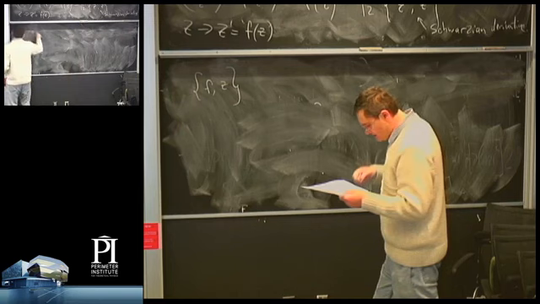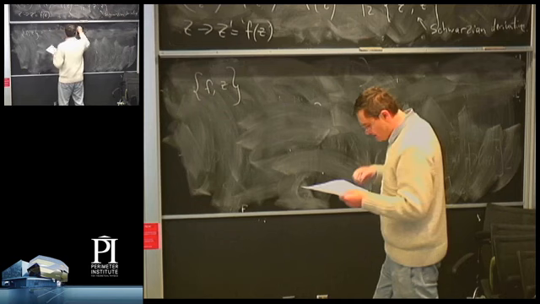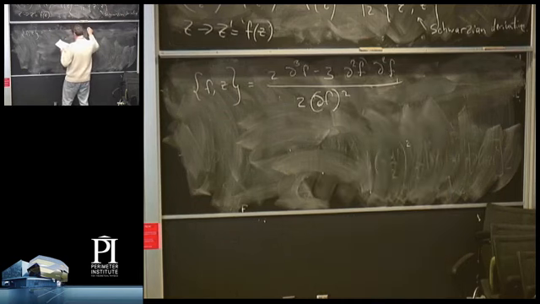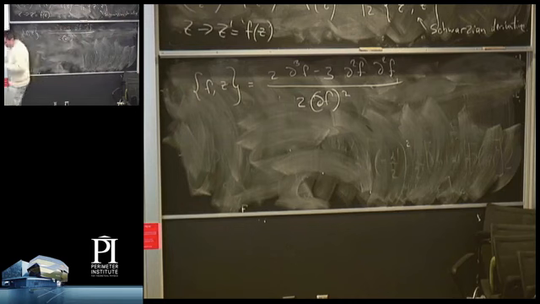If I have an arbitrary function f, then the Schwarzian derivative is just (2 ∂³f ∂f minus 3 (∂²f)²) divided by 2 (∂f)².